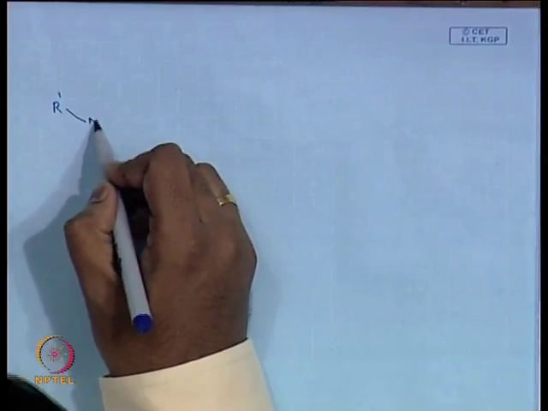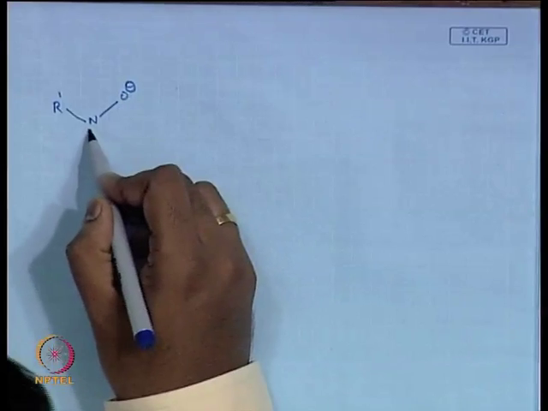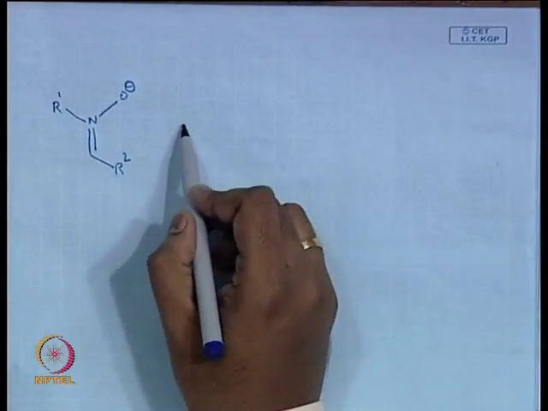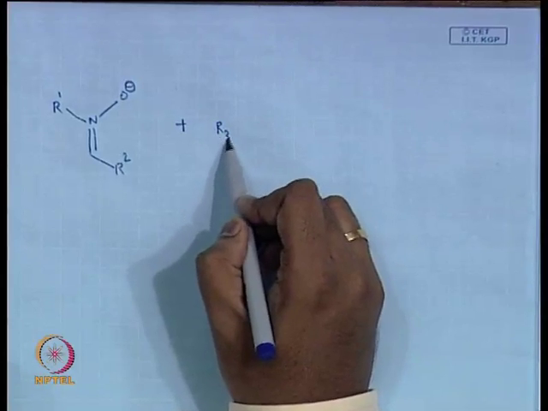Fine. If you are done with this, we will see some reactions. Okay. That means, for example, I am just taking a similar example, just to understand whether you can write the product. I have a nitrone like that. I can take an alkene.